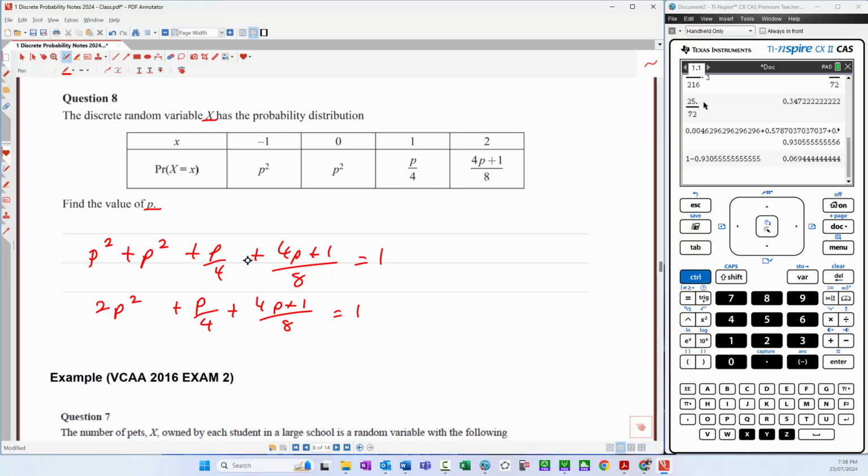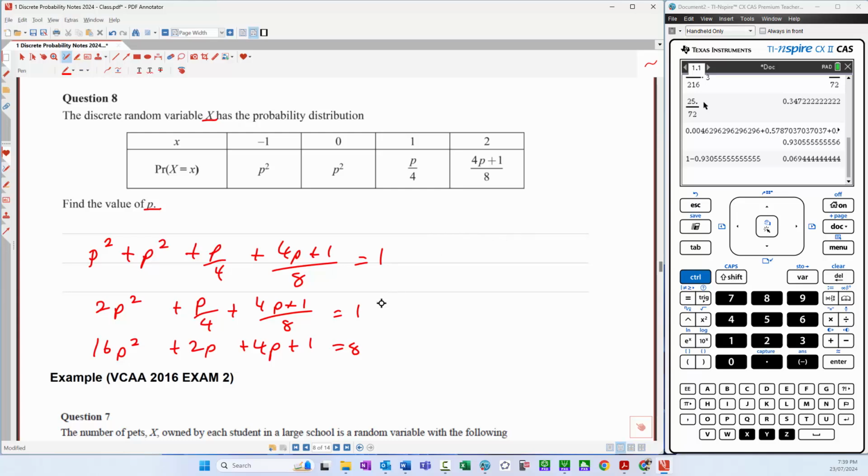Okay, so the next thing I'll do is knock out the denominator with a multiply by 8 across the left and right hand side. So I've got 16p squared plus 2p plus 4p plus 1 equals 8.